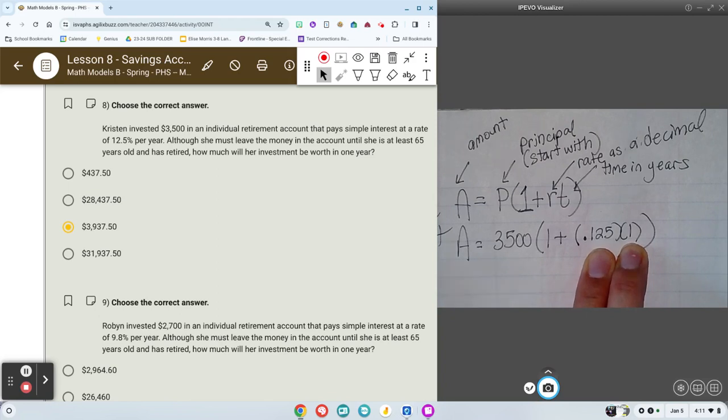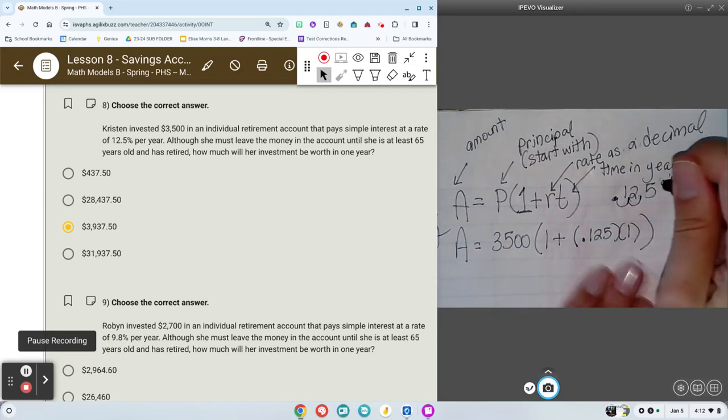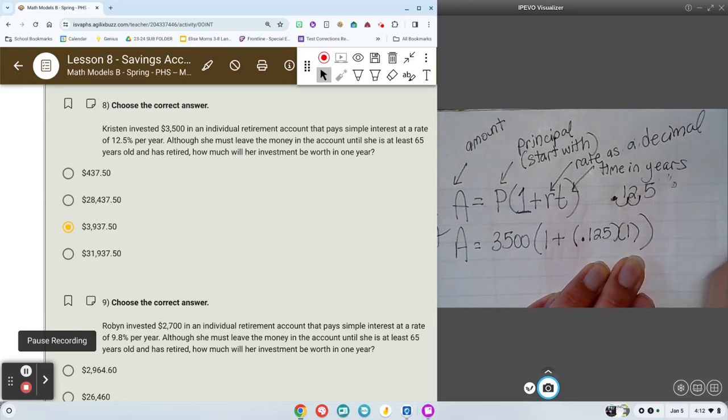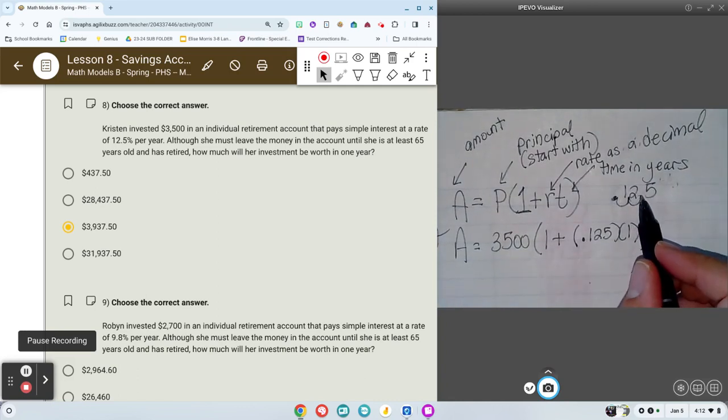So the rate was 12.5%. Do you notice that I did 0.125? Anytime you need to change a percent to a decimal, you divide it by 100, which means you move the decimal twice to the left.